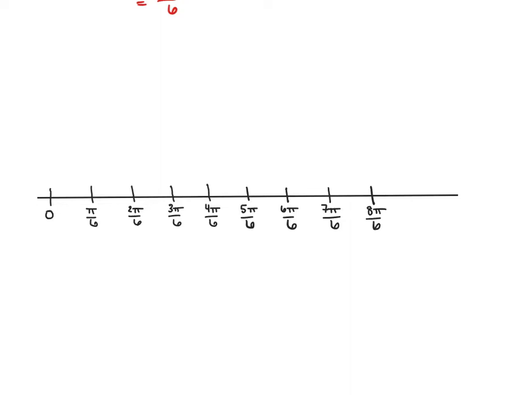Now, we'll go back and we will simplify the fractions that we can simplify. So 2 pi over 6 is the same thing as pi over 3. 3 pi over 6 is pi over 2. On down the line. So 2 pi over 3, 6 pi over 6 became pi, and 8 pi over 6 is 4 pi over 3.